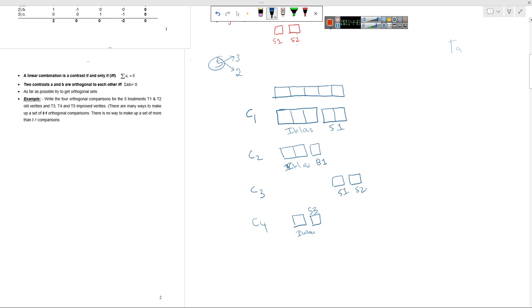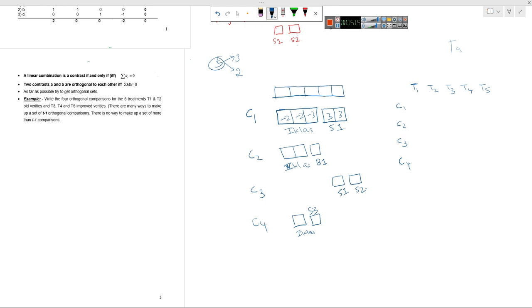So how I can write this comparison is treatment 1, treatment 2, treatment 3, treatment 4, treatment 5. Contrast 1, contrast 2, contrast 3, contrast 4. Okay, so here you see this should be 3, this should be 3, this should be minus 2, this should be minus 2, this should be minus 2. This is how we will write, right?